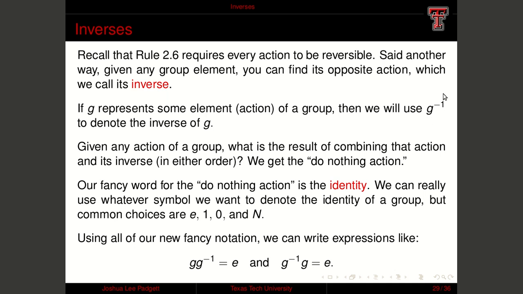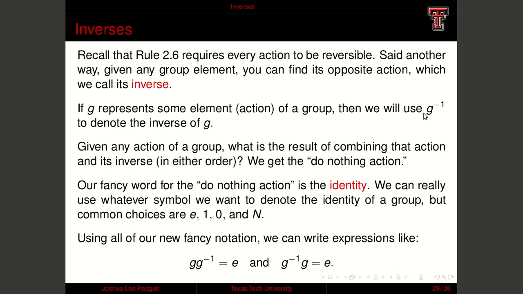Somehow raising it to the 1 over the original power, right? There's lots of different ways that we can talk about the inverse, and the idea is it's all heavily dependent on how the binary operation is defined.